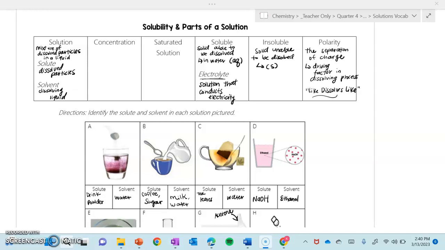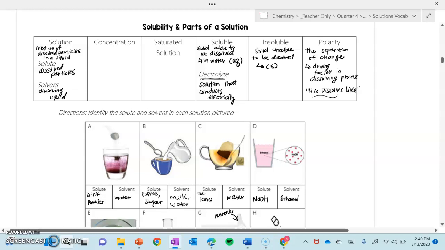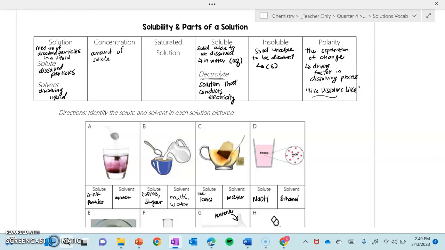In this video we're going to start out by defining concentration. Concentration is the measured amount of solute in a solution. When something has a lot of solute in its ratio compared to the solvent, we would say that is concentrated.